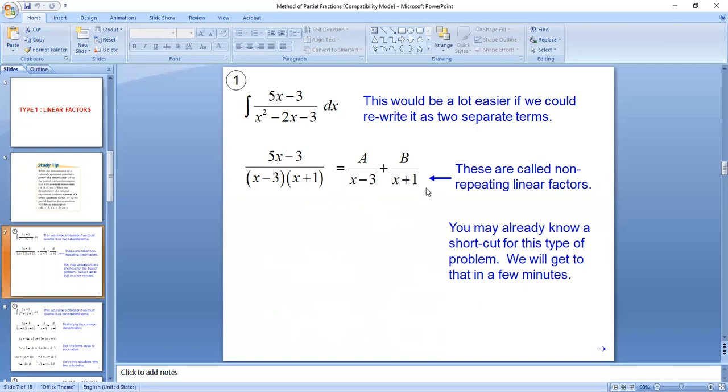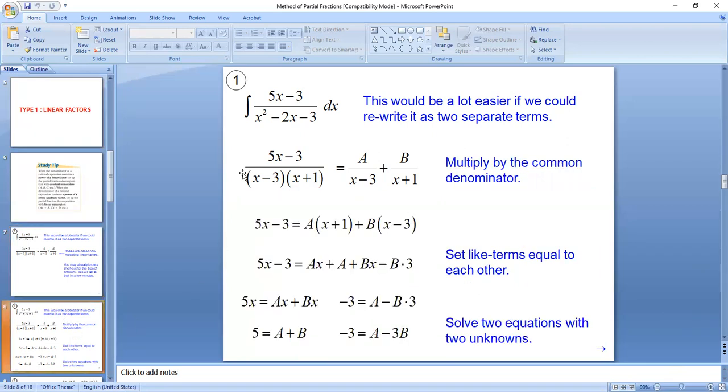Now, this is the first step. You write the decomposed partial fractions, equivalent to the original. Okay, that's the first step. The second step is you have to multiply this decomposed partial fractions, which you have equated to the original, by the LCD.